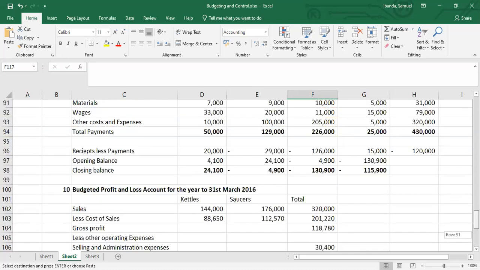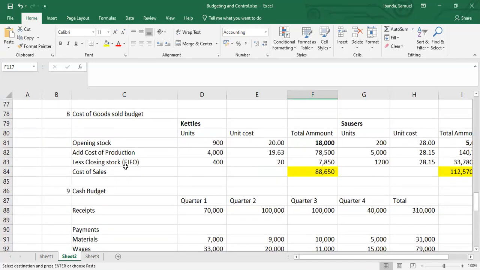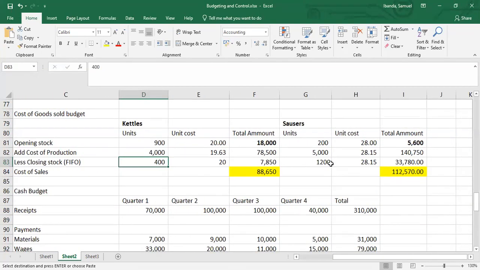Now I also move to the next, finished goods. Let me just confirm that I didn't calculate finished goods anywhere, but I think I calculated them. Closing stock of finished goods. Remember, when we were calculating our cost of goods sold budget, our closing stock of 400 and 1,200 was given to us, but they didn't give us the value. So we use the FIFO method to determine these respective values.